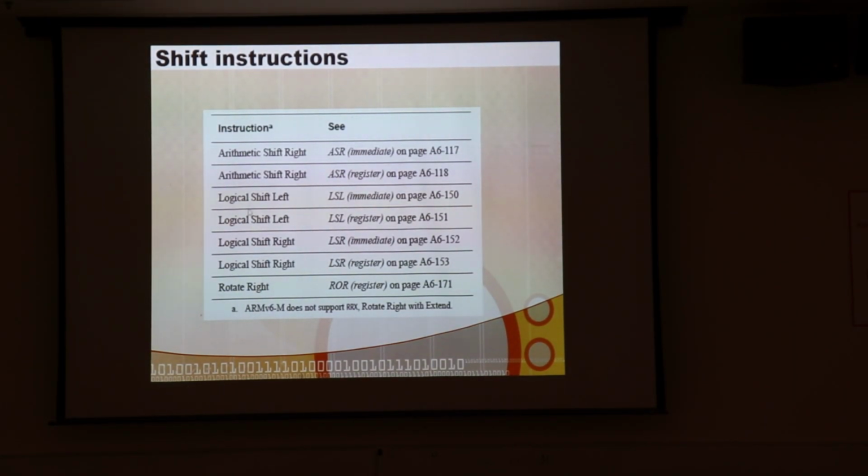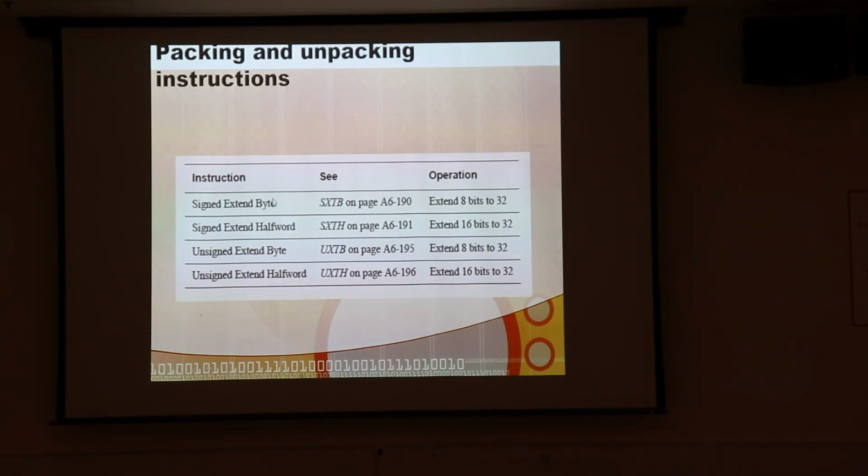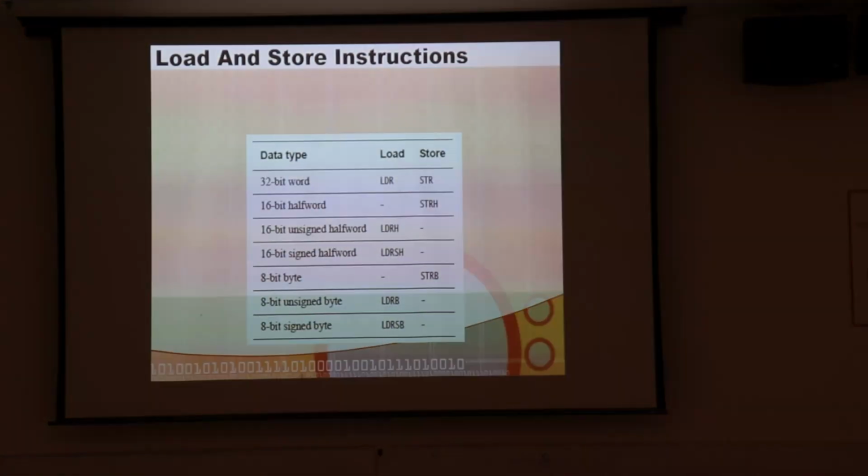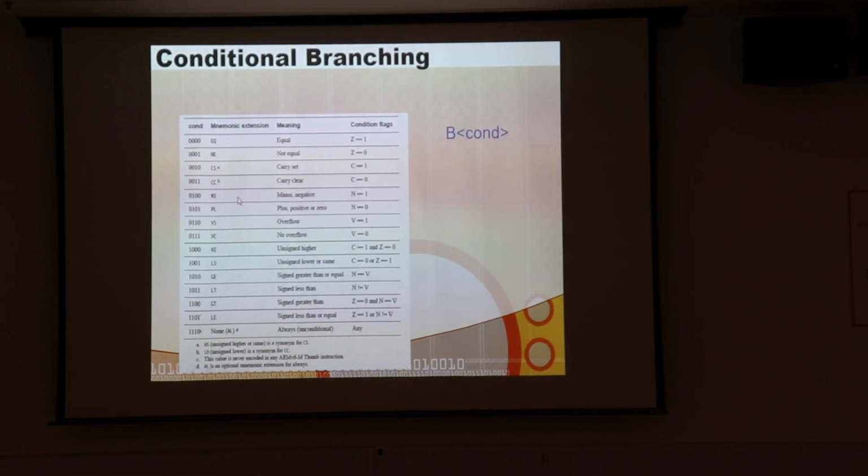And then we looked at the shifts: logical, arithmetic, and rotates. We looked at those. But the one I want to get to here is the condition codes, which I think we have. Right. Yeah. Here are the condition codes.